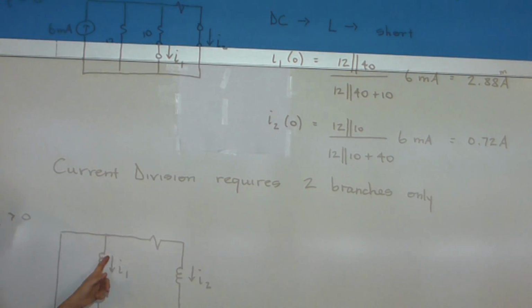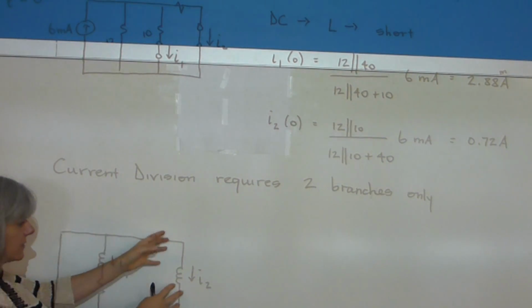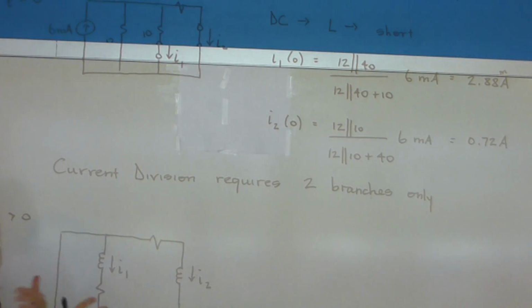Let's think about this. All the current that's coming through here, where's it going? Is it going to go this way? No, it's going to go through the short. And all the current that's coming through here, where's it going to go? Through the short. So in some sense, I can actually pull this apart. All of this is going through the short, and all of this is going through the short, independent of each other. So I can actually pull that apart into two separate circuits. That's kind of cool.